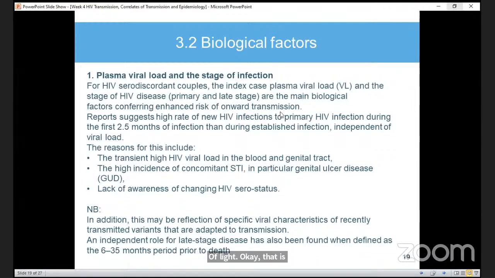So, if we have a high viral load, you said more than 100,000 copies and beyond, for example, call it high plasma viral load, then the chance of transmitting this virus is so high.